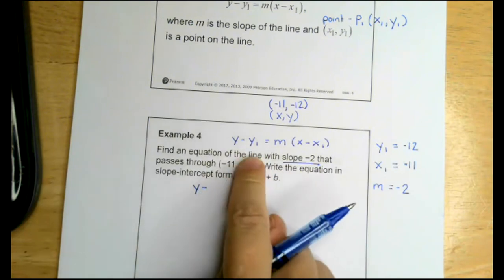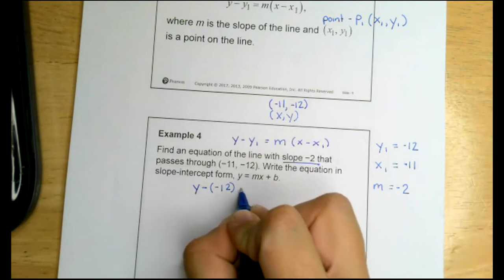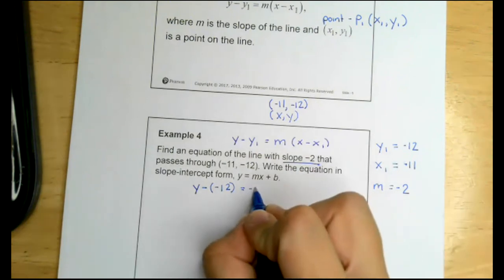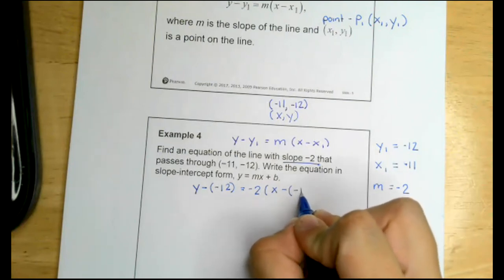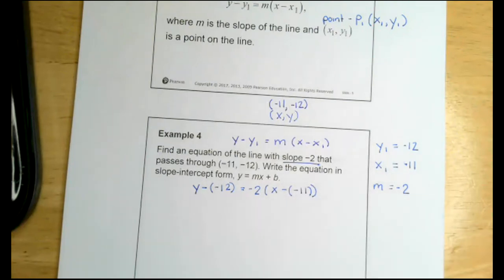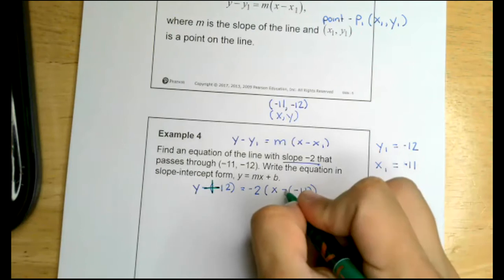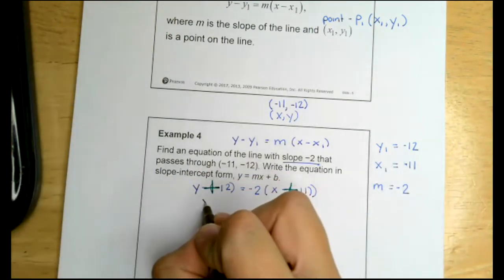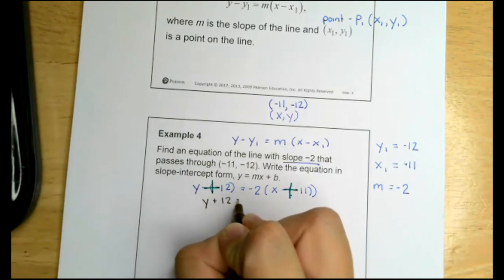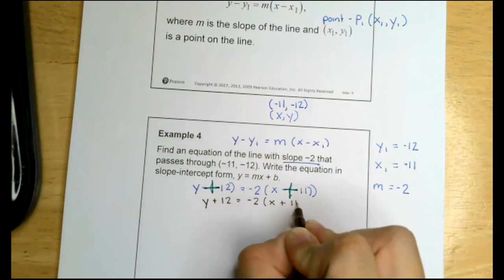Y minus, instead of y1, I'm going to put in -12 equals -2 times x minus -11. Each of these negative, minus, and negatives become a plus, right? So now we have y plus 12 is -2 times x plus 11.